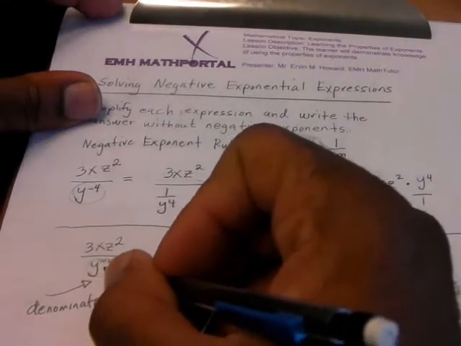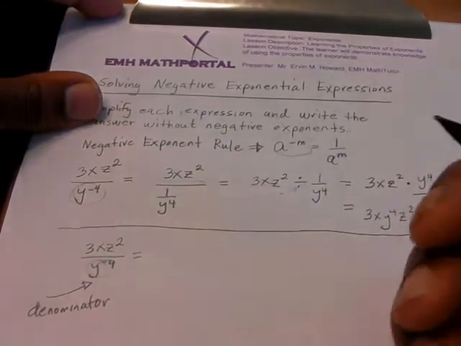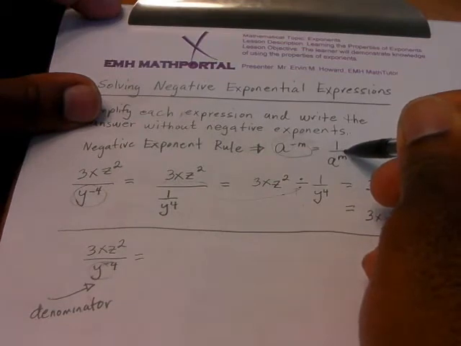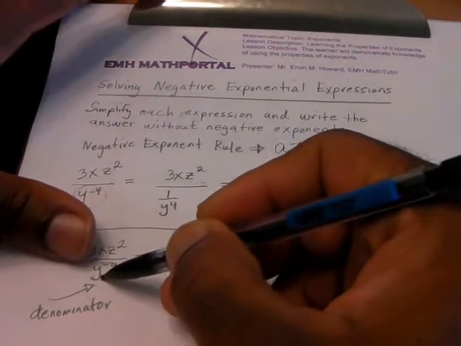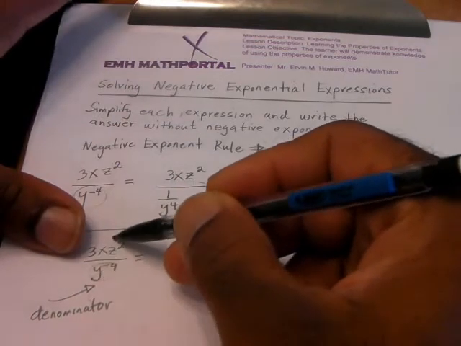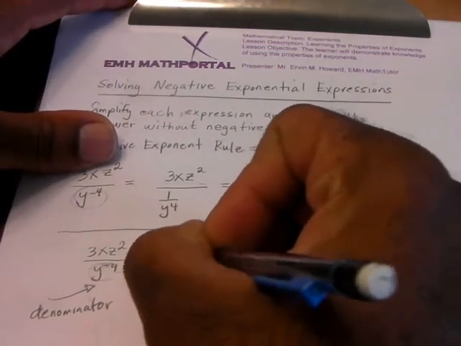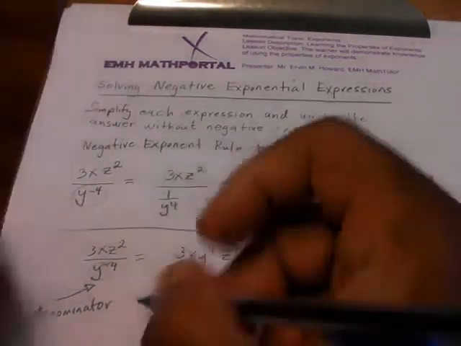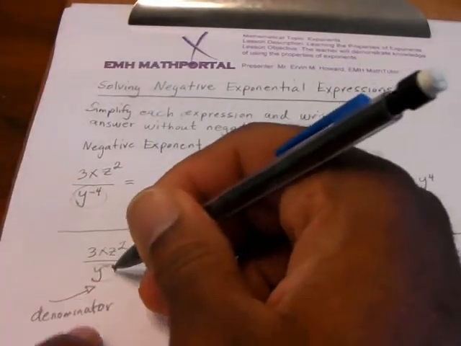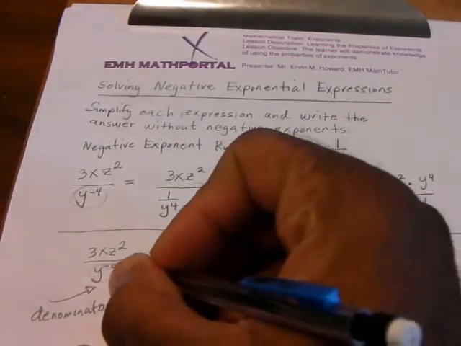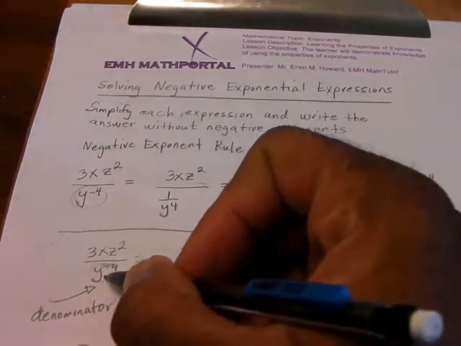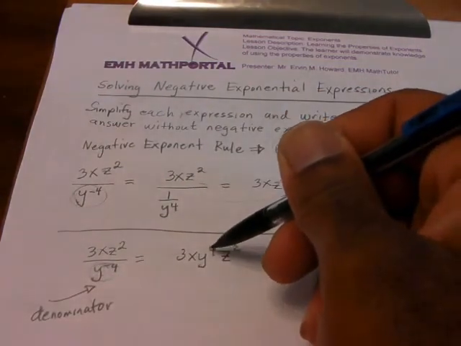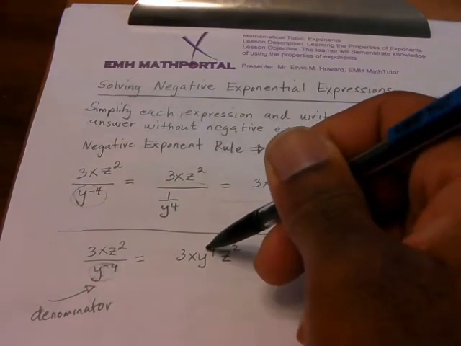When we have negative exponents in the denominator, all we have to do is invert it by moving it to the numerator. So this equals 3x y to the 4 z squared. The negative exponent becomes positive when we take the base and the negative exponent to the numerator.